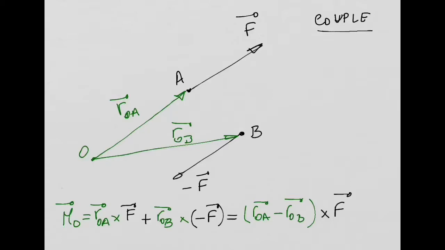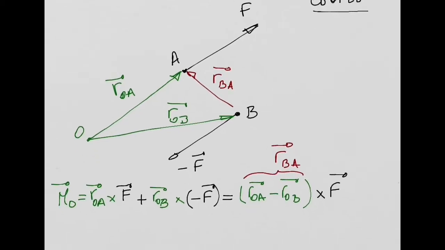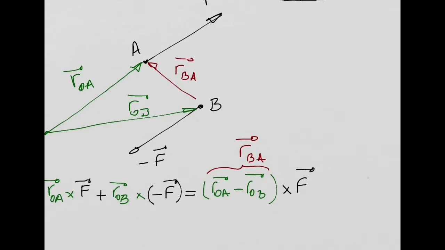And now, this ROA minus ROB, this term here, I'm going to say is equal to my R vector, or if you want, I can say this is going to be equal to RBA, which is a vector connecting point B with point A. So I am subtracting two vectors, and the result of that subtraction is this vector that you have here in red, RBA, connecting point B with point A. And then I can say that this is going to be equal to RBA, external product or cross product with my force F. Right?